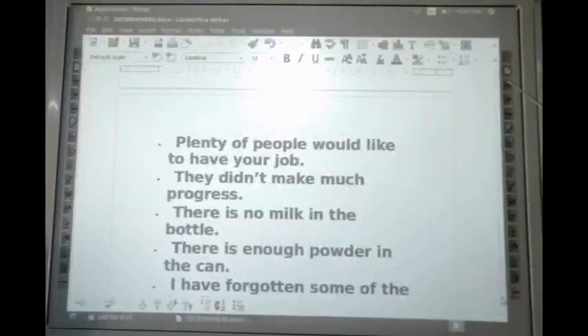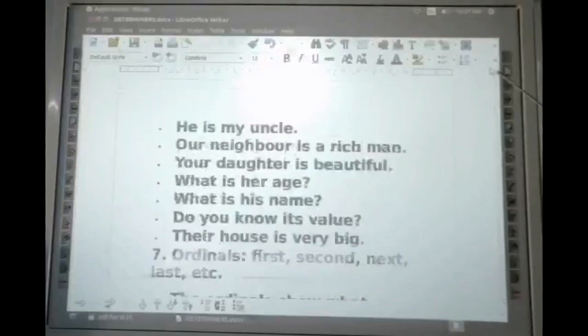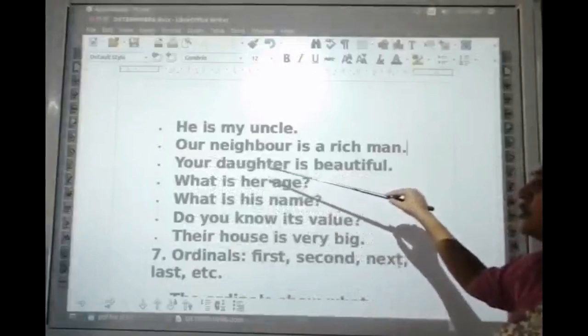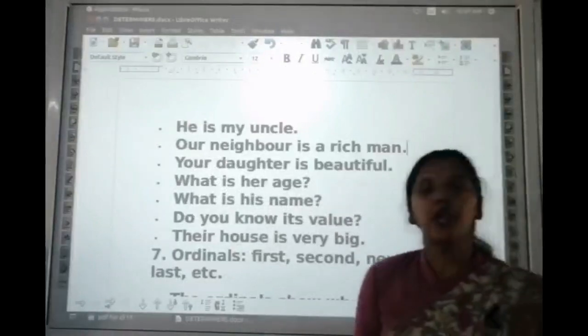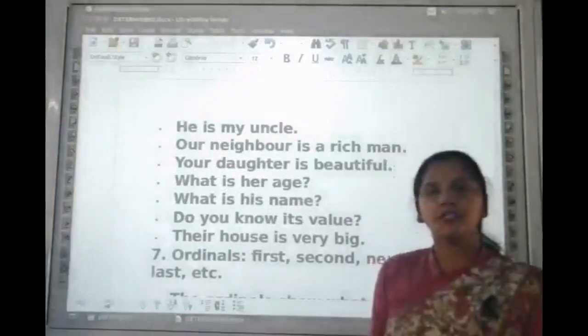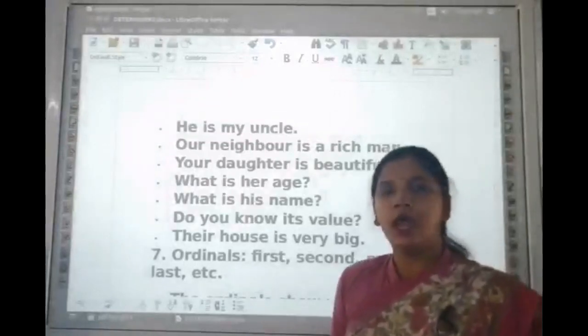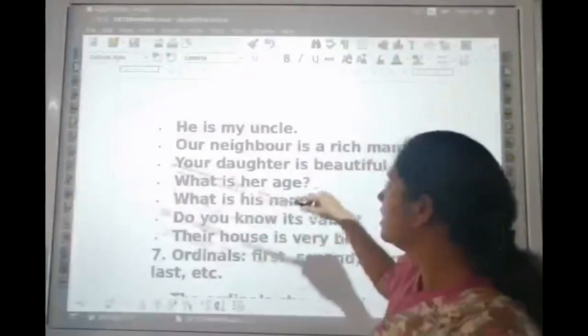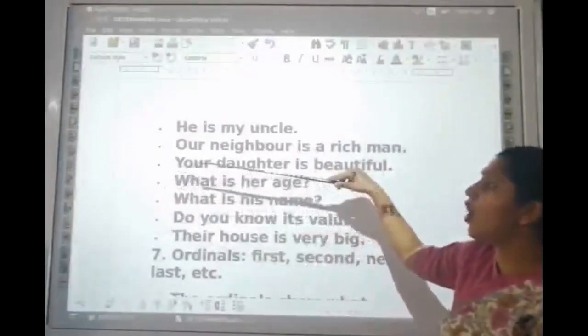Now we are going to read a few more examples. Your daughter: for the person who is standing here, we are showing the possession of the girl as well as the relation of the girl with that one person. That's why we used the words your daughter.